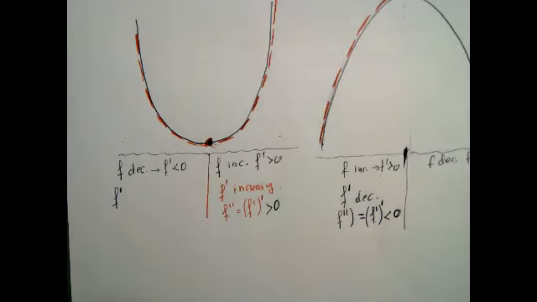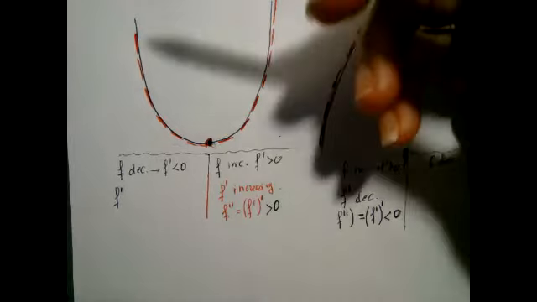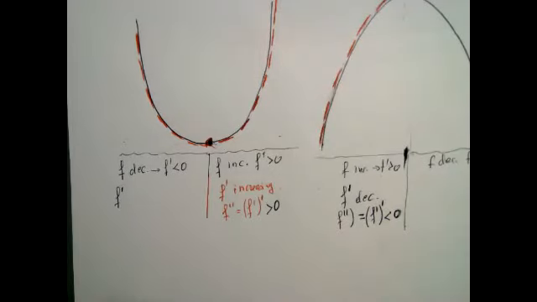Okay, and I'm seeing the word increasing. Now, why are they increasing? Who can explain that? They are negative, but what's happening? They are approaching 0. That's the way to think about it.